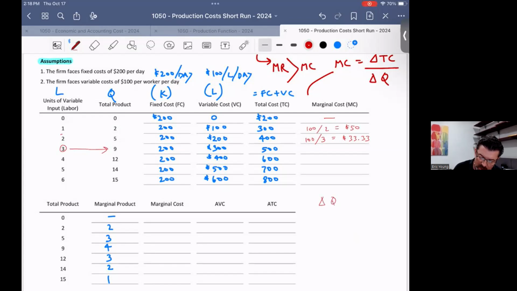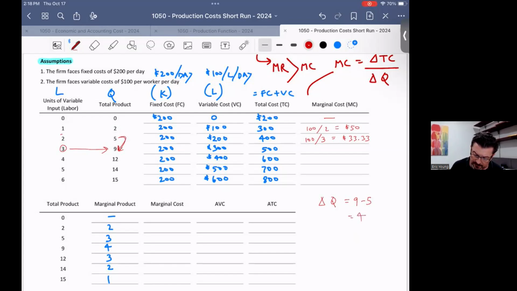Well, the change in output, the third worker took us from 5 pizzas up to 9 pizzas. So the change in output is 9 minus 5. All marginals, all deltas are just subtractions, so don't be freaked out by it. You can do this. The delta Q is going from 5 to 9.